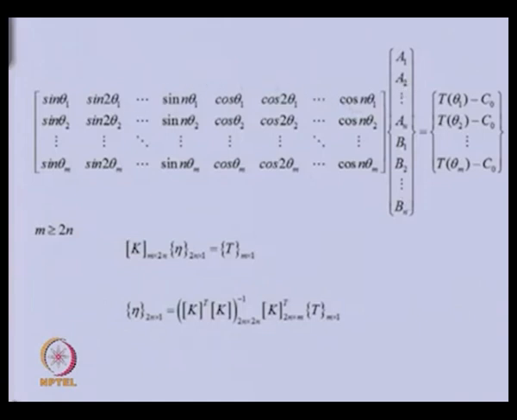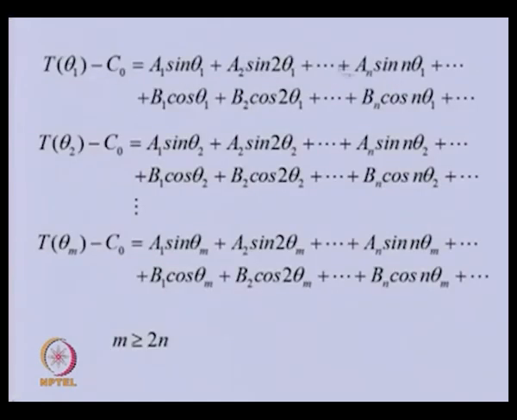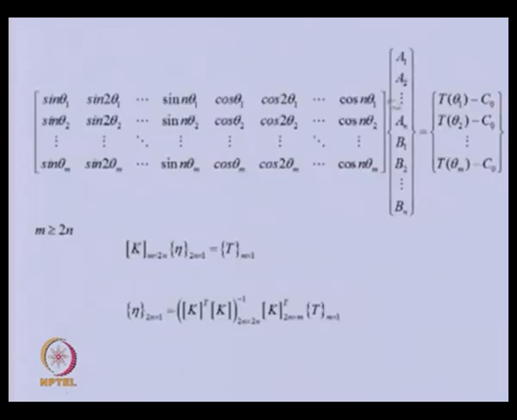If we see the previous equations, the terms that were on the left hand side I have arranged in this particular form, and all the other terms I have brought to the right hand side. You can see that these are a total of m equations, which is either equal to 2n or more than 2n.